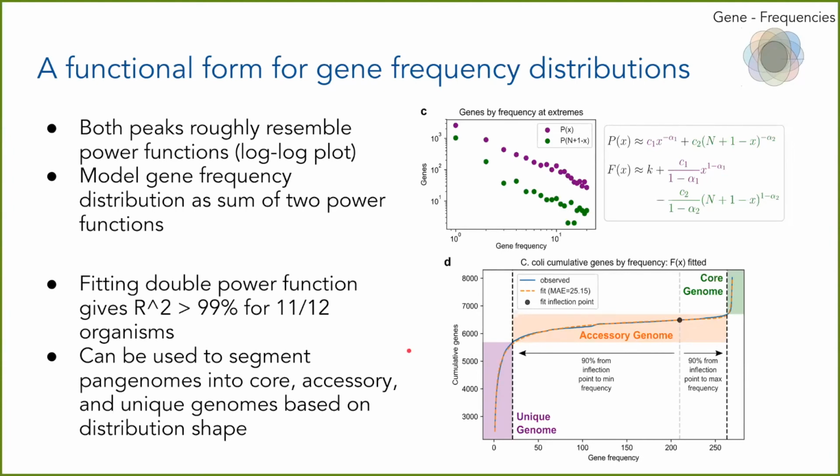And one advantage this has over the more typical approach of setting fixed cutoffs, such as saying core genomes are genes in over 95% of strains, is that this approach takes into account the specific shape of the gene frequency distribution of the organism you're looking at and appreciates the asymmetry in these distributions when calling the pangenome frequency segments.